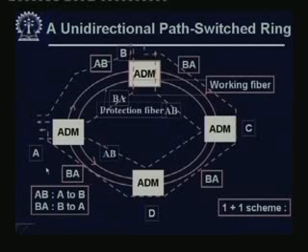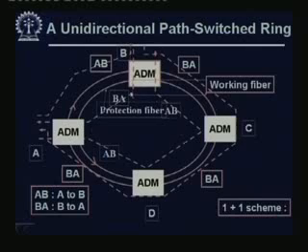For connection from A to B and from B to A, this is A and this is B, and my working fiber is going in this direction. So, A to B is really going in this direction, B to A is coming in this direction. So, A to B, B to A.